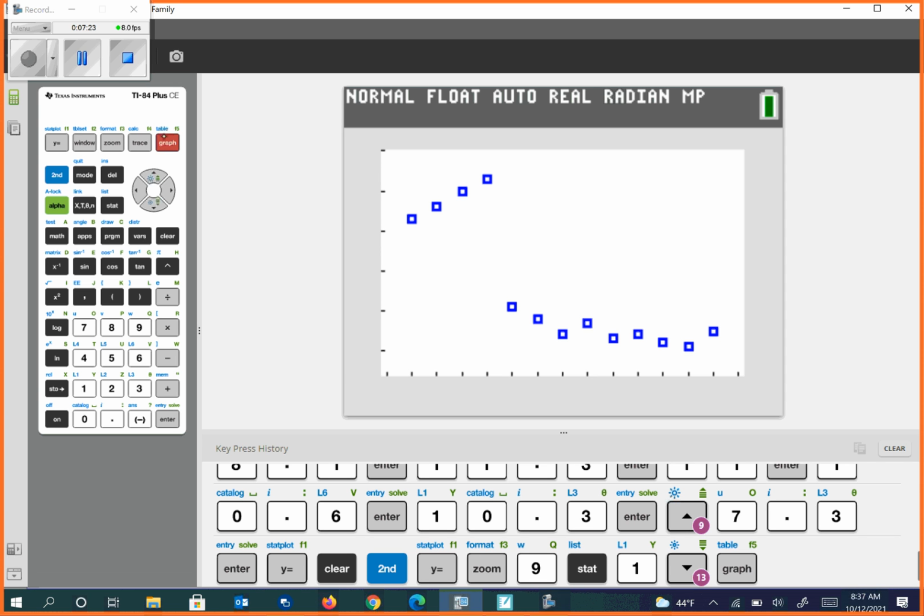But I have some questions for you as far as this goes. Though this looks like a positive trend, and this seems to be decreasing, are these values on the y-axis large values?